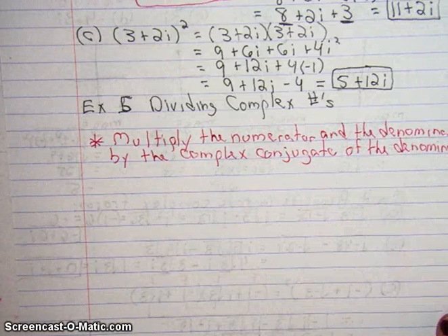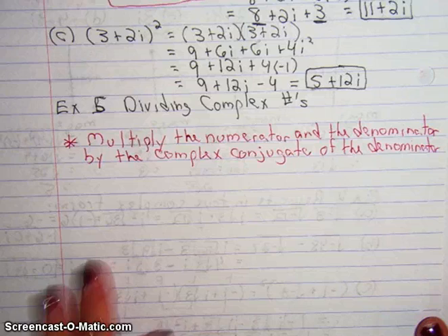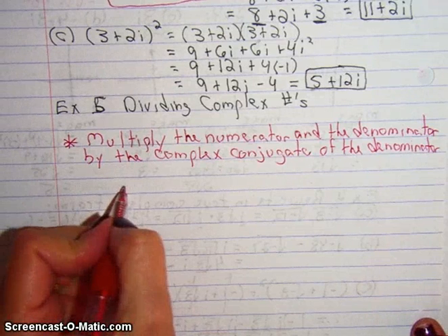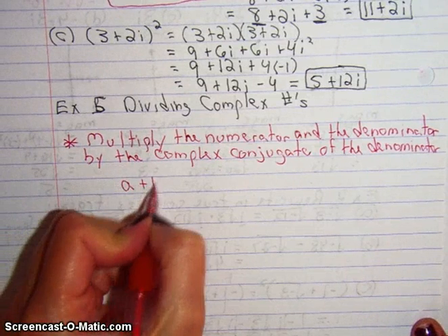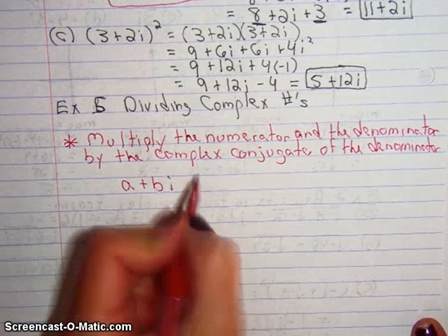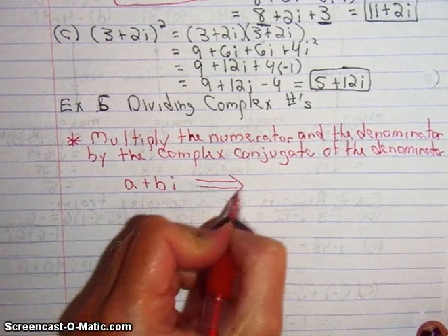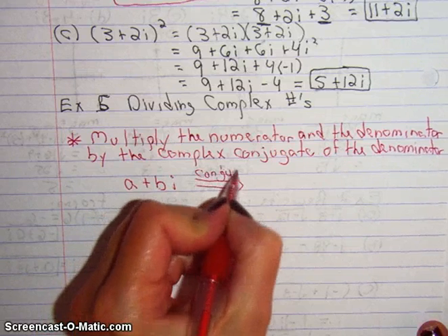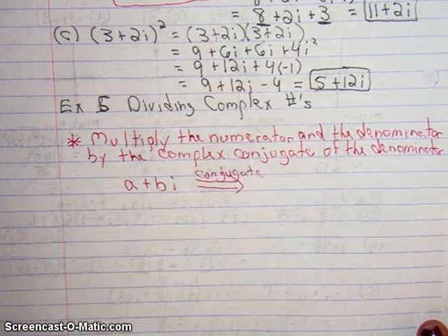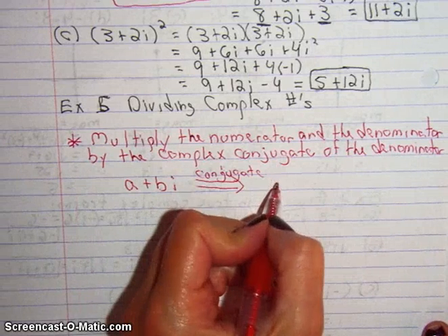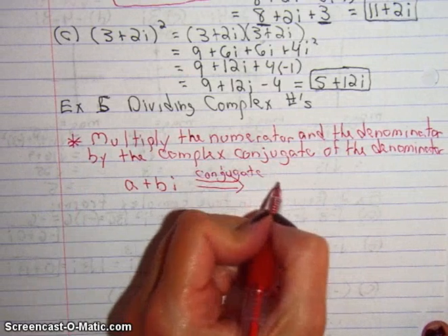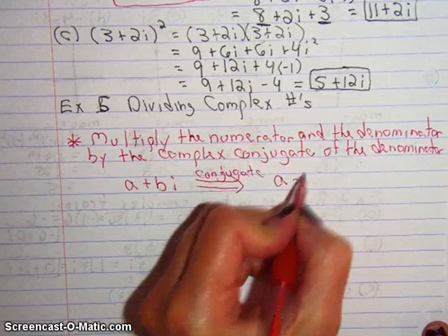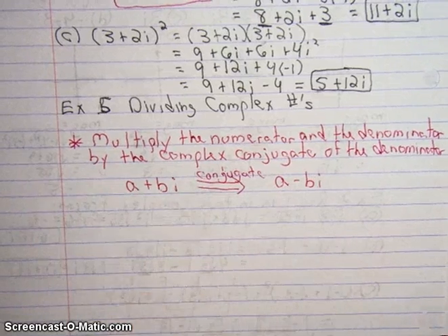Okay, and I'll show you what the complex conjugate looks like. If the denominator is in complex form a plus bi, then the conjugate is... You ready? You on the edge of your seat for this? Yeah. a minus bi.